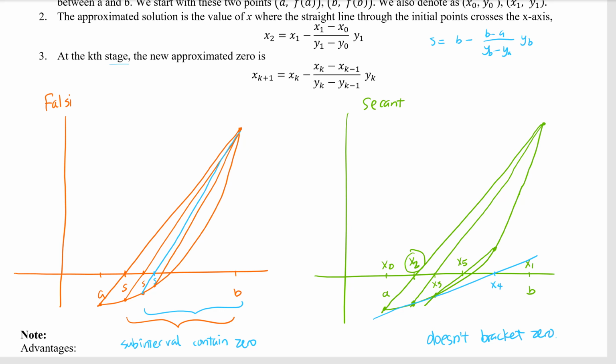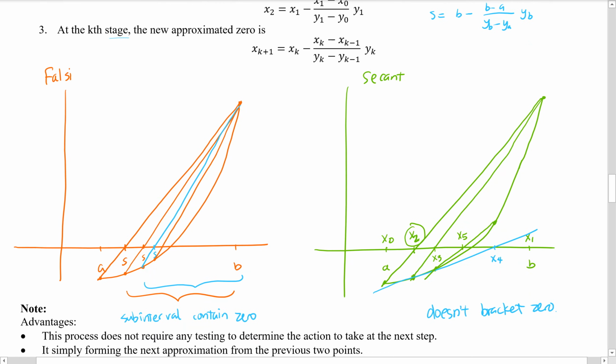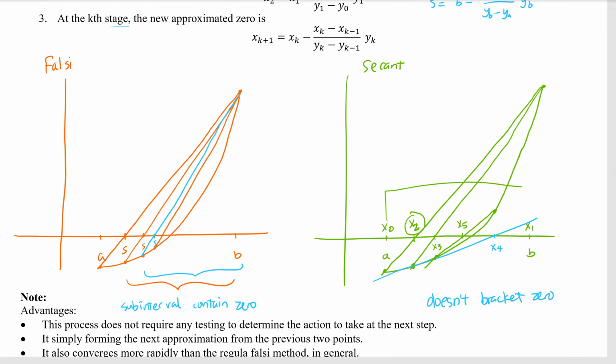So you can see here the 0. First you look at x0, x1, and then you look at x1, x2, and then you look at x2, x3. You see the 0 does not lie in x2, x3. But when we continue to do more steps, you can see 0 lies in x3, x4, and the 0 lies in x4, x5.